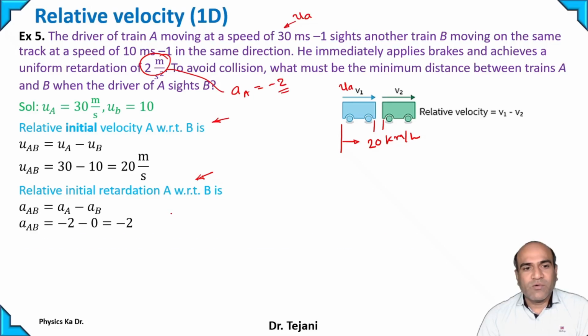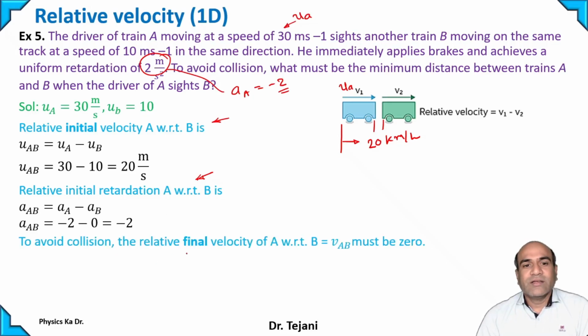Now, to avoid collision, the relative final velocity of A with respect to B must be 0.